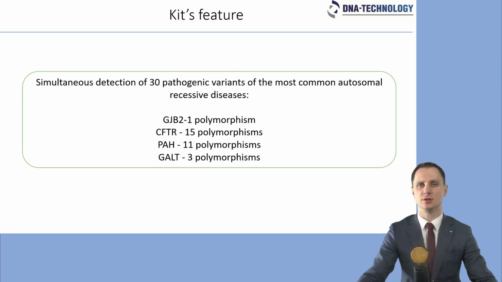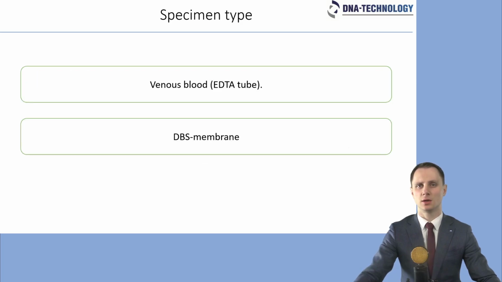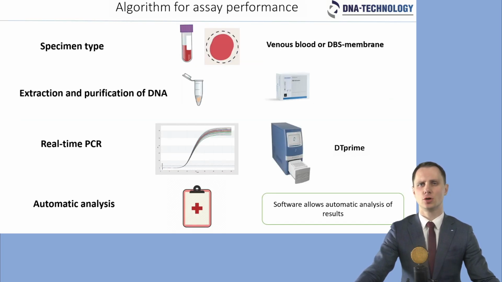The kit is featured by simultaneous identification of 30 pathogenic variants in genes associated with the most common autosomal recessive diseases. Whole blood in EDTA tube or dry blood spots can be used as test specimen. The slide shows a brief algorithm for laboratory analysis of samples using the MonogenScreen kit.